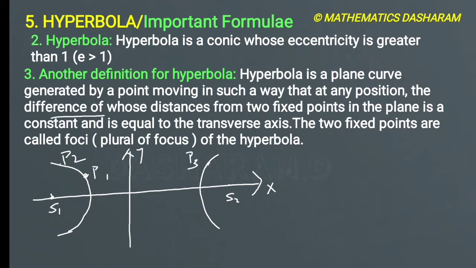The differences of the distances from the two fixed points: that means P2S1 minus P2S2.